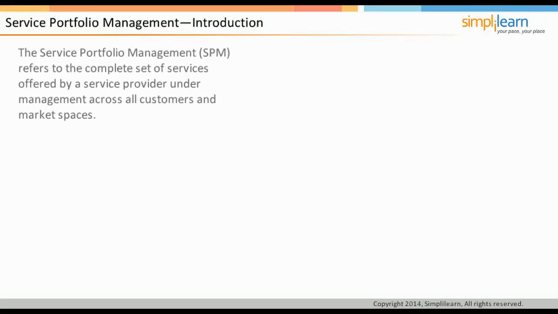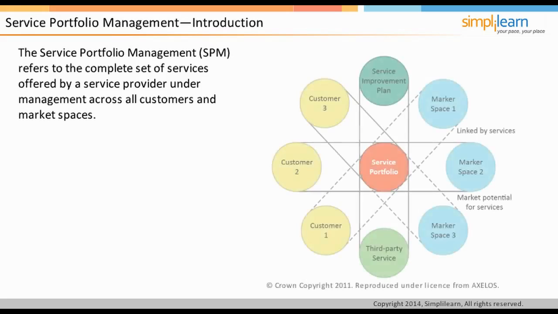Service portfolio management refers to the complete set of services offered by a service provider under management across all customers and market spaces. The image depicts the grouping between customers and the service portfolio, supported by an understanding of the market space. Market space is a combination of PBA and UP, which is correlated to a customer or a group of customers.